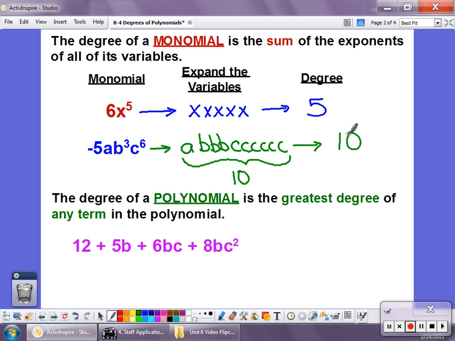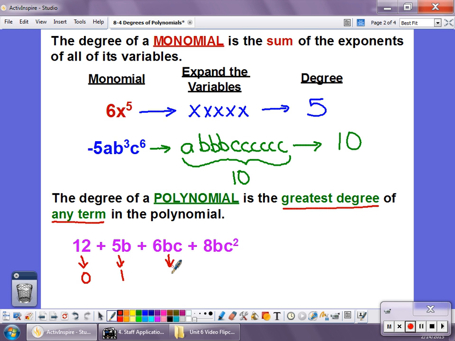Now, the degree of a polynomial is a little different than the degree of a monomial. The degree of a polynomial is the greatest degree of any of the monomials inside the polynomial. So the easiest way to do this is look at each monomial individually. This monomial has a degree of 0 because it does not have any variables. This monomial has a degree of 1.